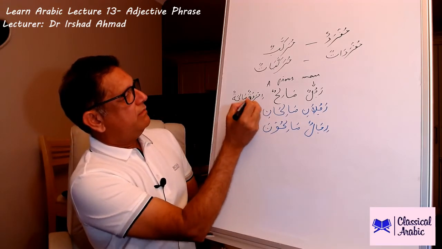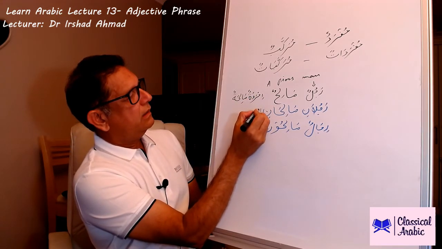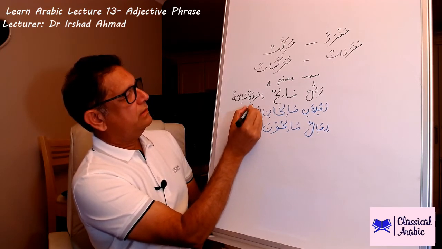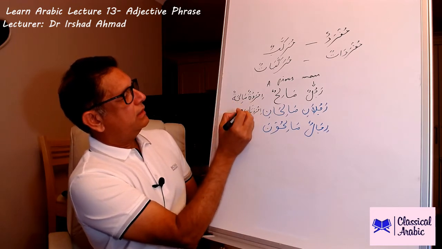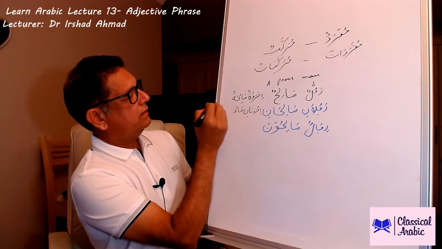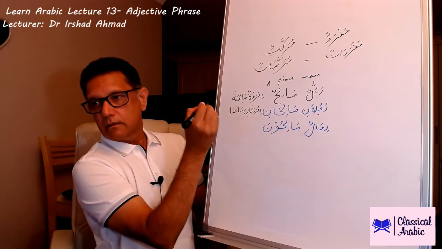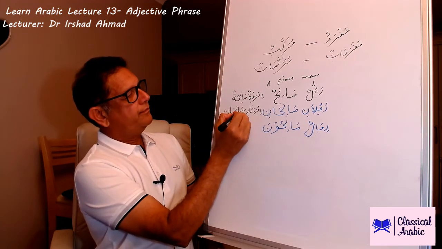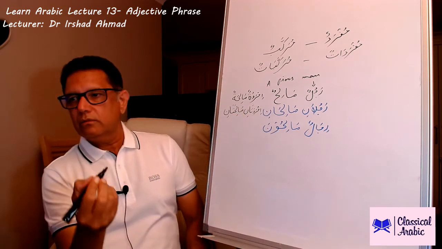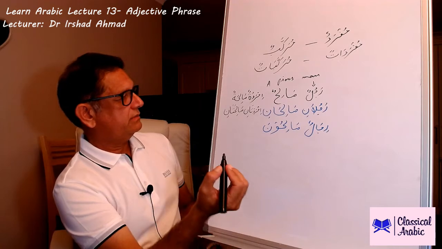Then we can say imra'atani, that's dual, salihatani, two righteous women.